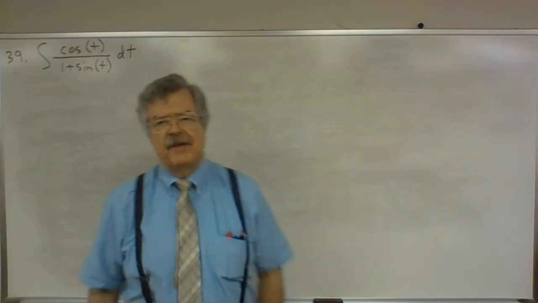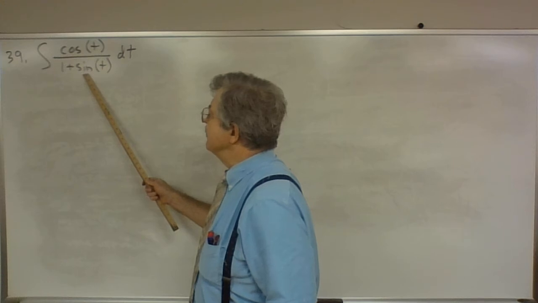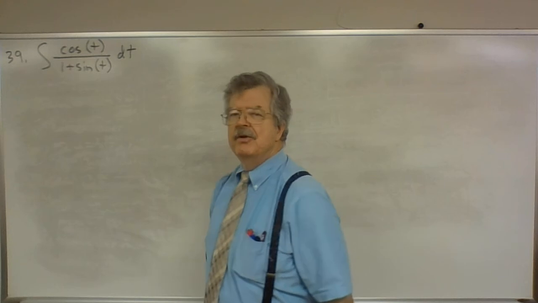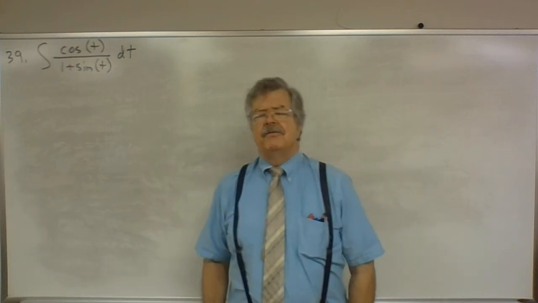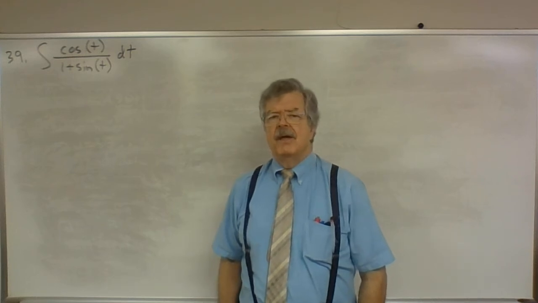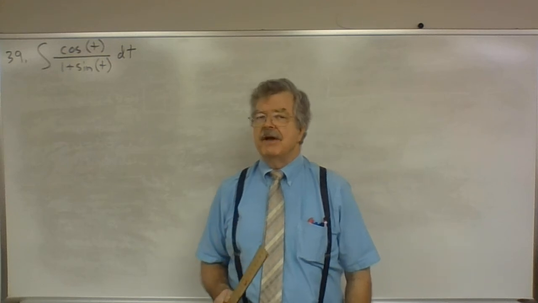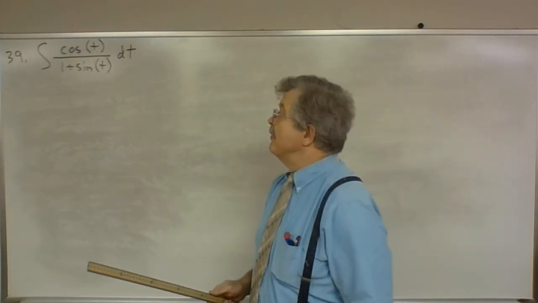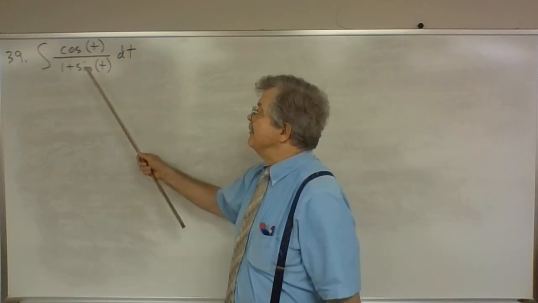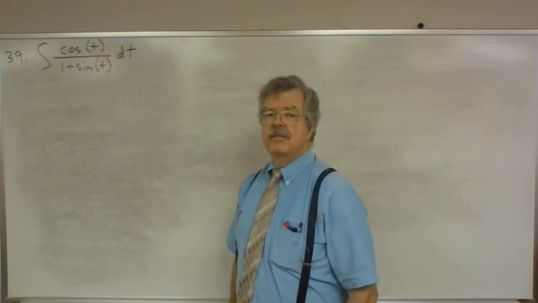Now, we could also say that part of the denominator, sine of t, is a constant multiple of the derivative of the numerator. So which way do we go on this? Well, here's what we do. We have a known integration form or a known antiderivative form for the case where we have the function in the denominator and the derivative in the numerator.